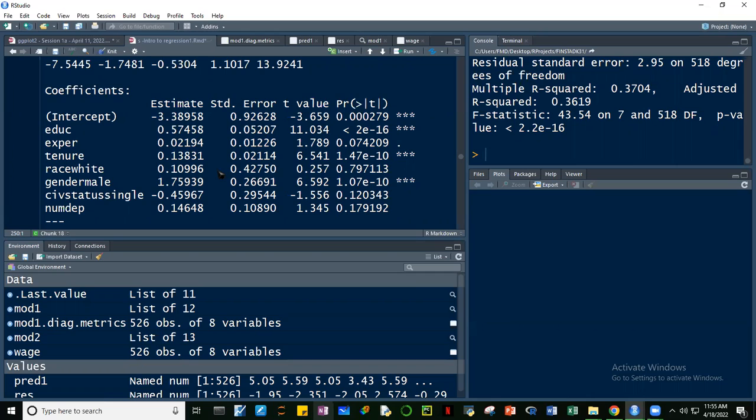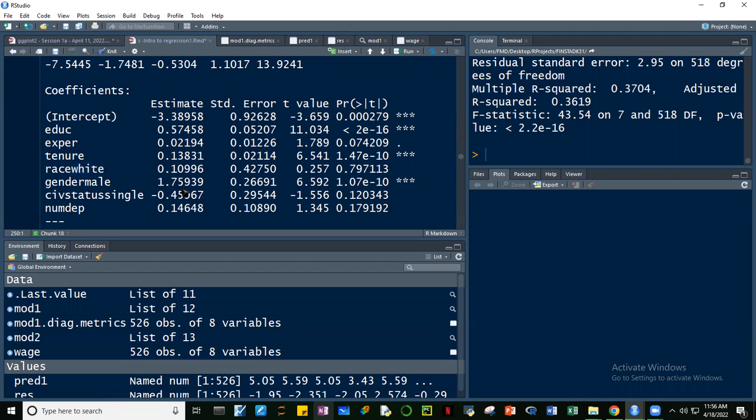And how do I know, guys, that non-white is the benchmark? R's default is that, among all the levels, the one that comes first alphabetically will be your benchmark. Also, it is stated here what this estimate refers to: white in relation to non-white. Now this is gender, male. Therefore, our benchmark is female.